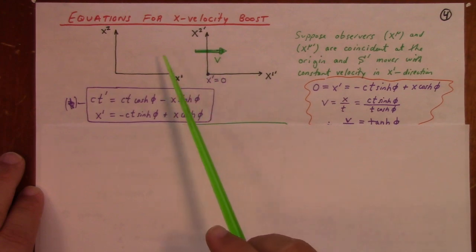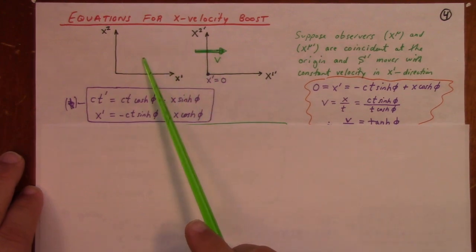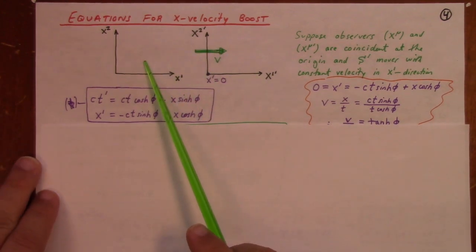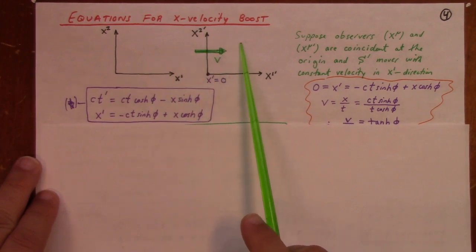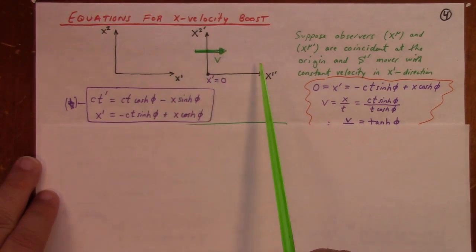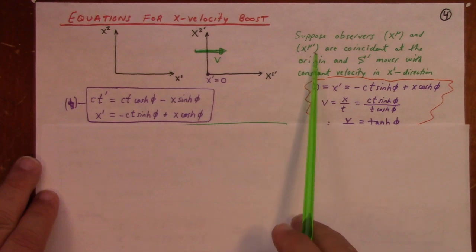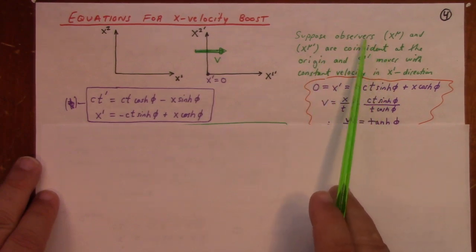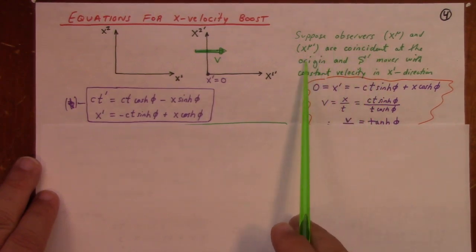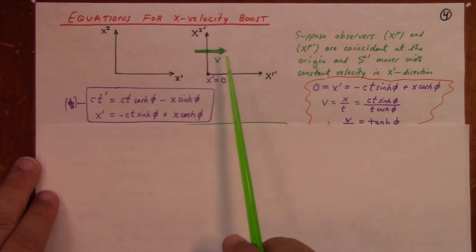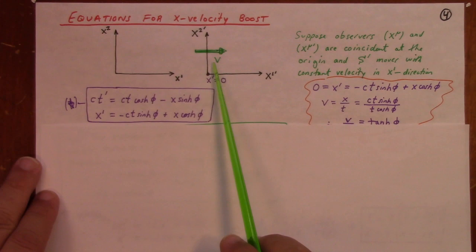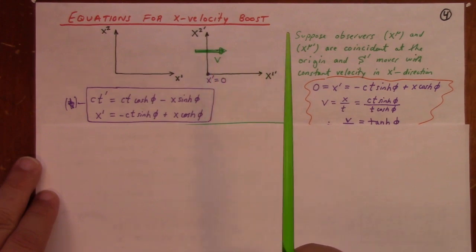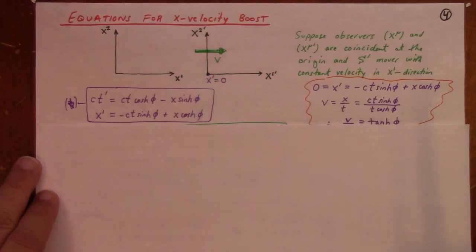Focus my attention here. I'm going to think of the unprimed as static, sitting there. I think about the primed as moving, all right? And we're going to set it up so that the observers are coincident at the origin, meaning that their time zero and spatial coordinates all zero match up. That's the starting point. That's how they're linked.